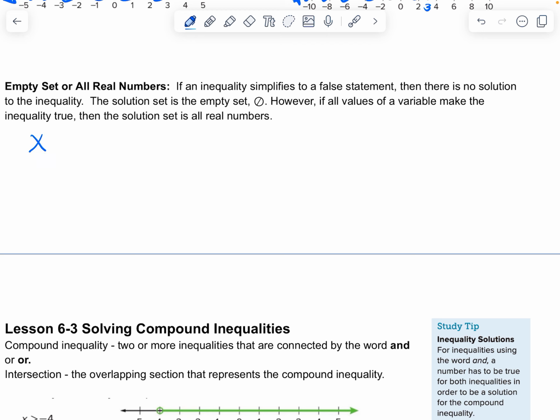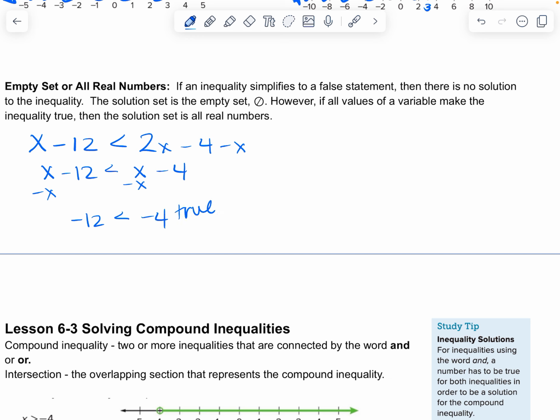So if I had x minus 12 is less than 2x minus 4 minus x. Okay, so then I get x minus 4. I subtract x on both sides. Negative 12 is less than negative 4. Is that a true statement?